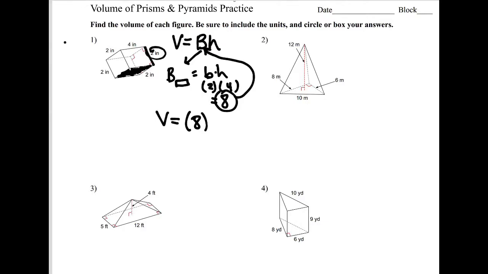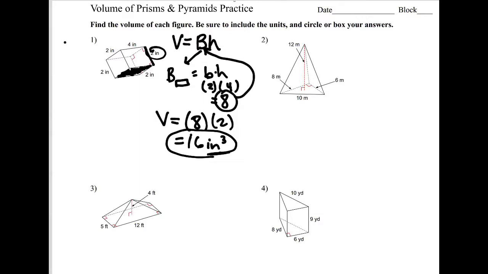So that is going to be 2 inches. And that is 16. Actually, let me move that because I don't want it there. It's going to run into my other space. So 16 inches cubed, because remember, volume is always cubed units. So that is my final answer for the volume.